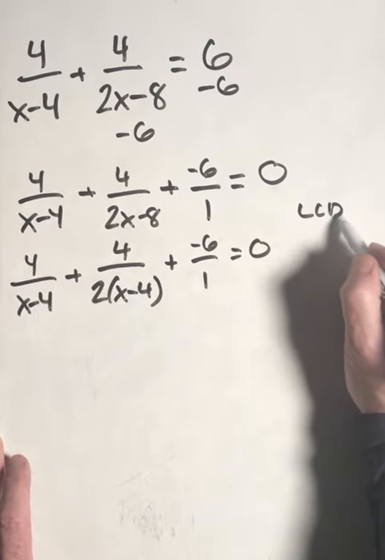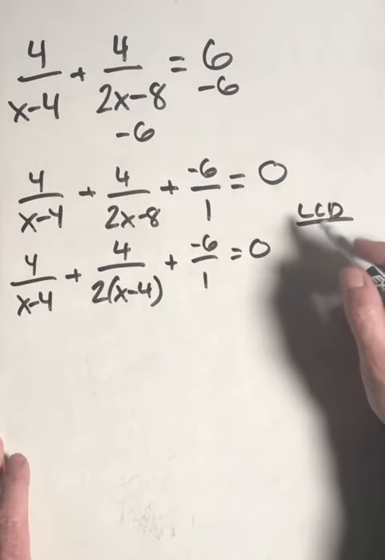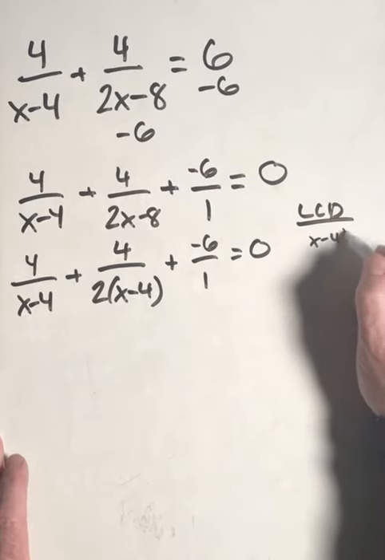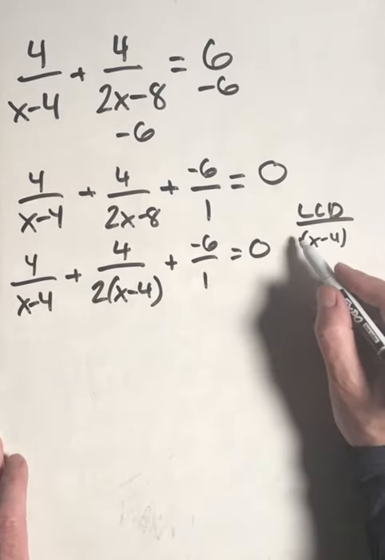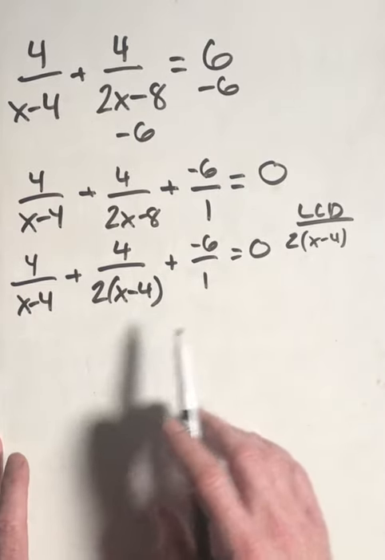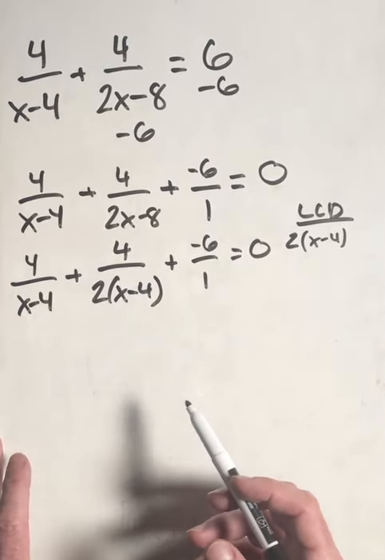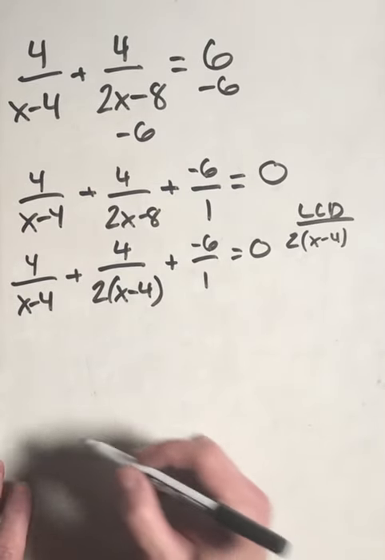And now we can identify the lowest common denominator as, well, it has to have an x minus 4 in it. It has to have a 1 in it, which it already does, and it has to have a 2 in it. So your lowest common denominator is really 2 parentheses x minus 4, which is the same as 2x minus 8. But we can leave it this way so we can identify easily what our 3 factors need to be.